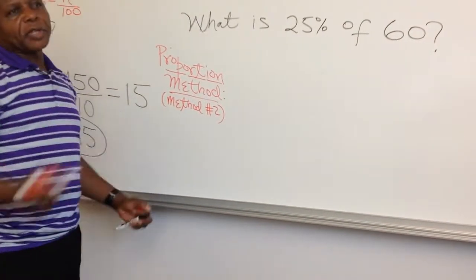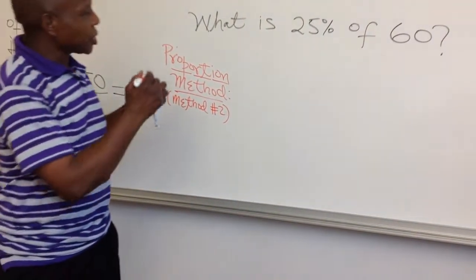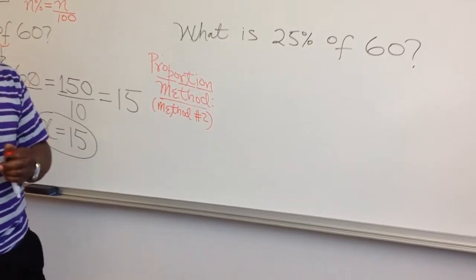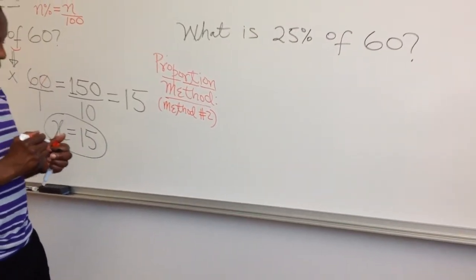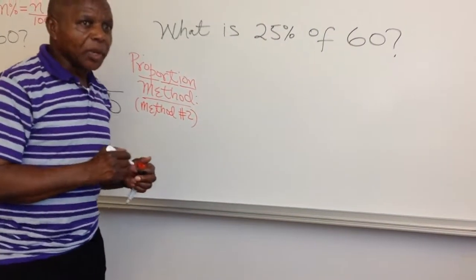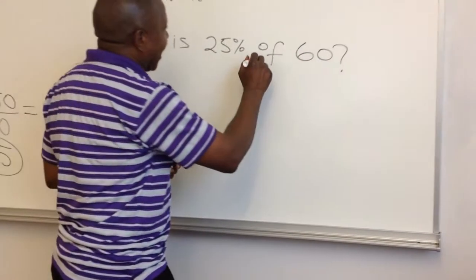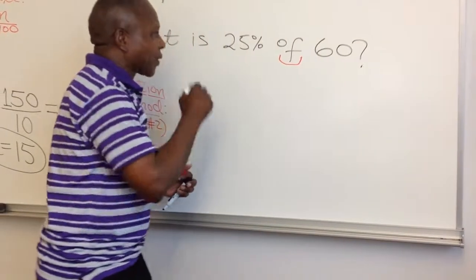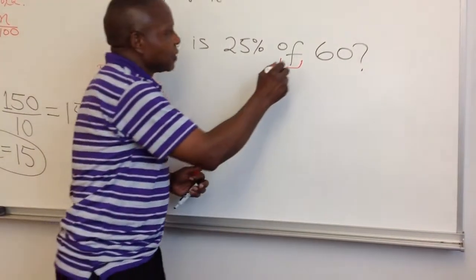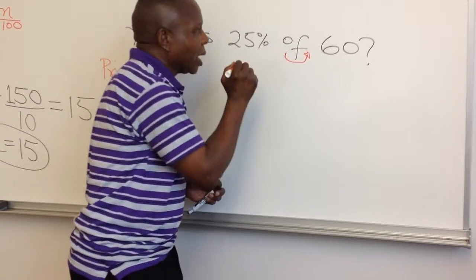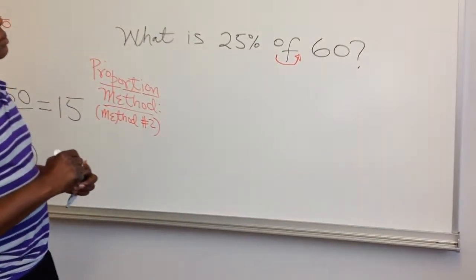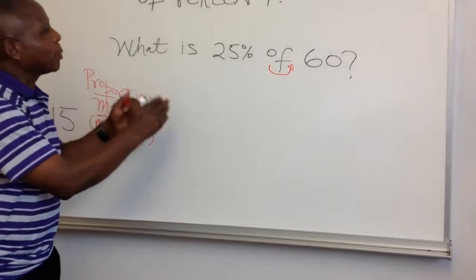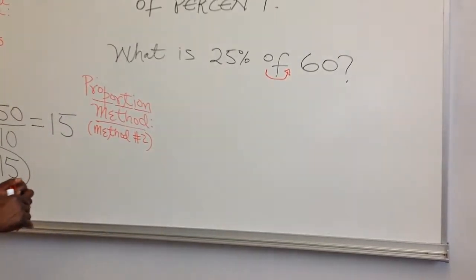So what will be our first step in this strategic problem-solving process using method number 2? Well, one of the main things to note is that the word of is going to be very critical in this problem-solving situation. The word of. The other thing we want to do is to establish our game plan for this problem-solving process.